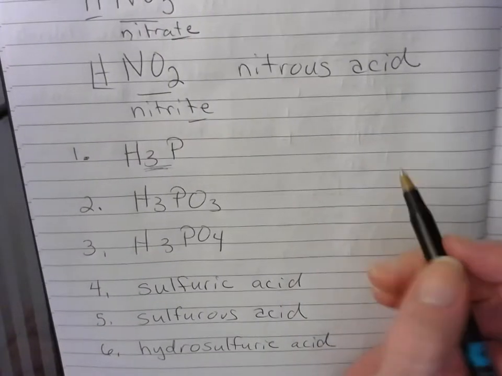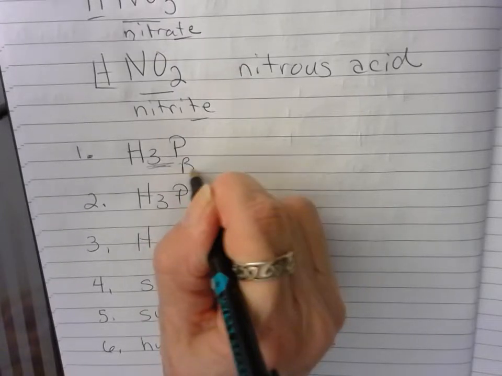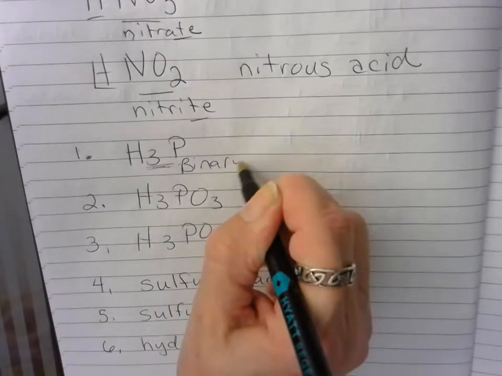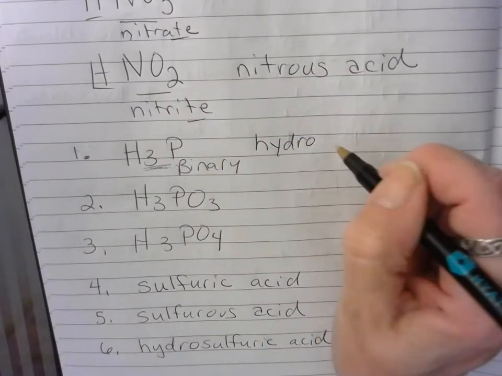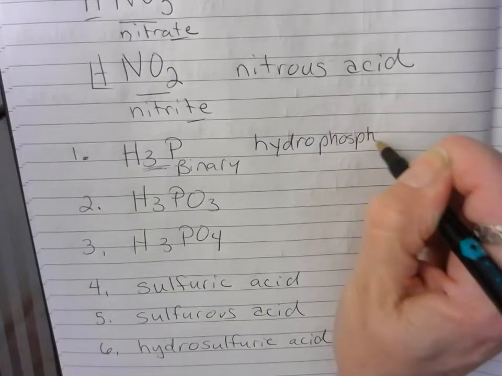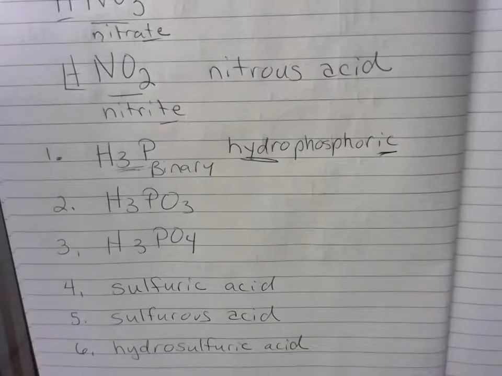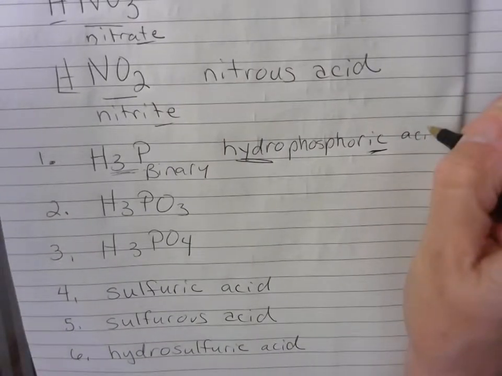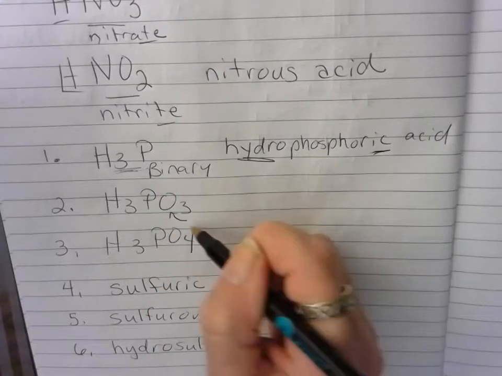Anyway, H3P, this is a binary acid, so we use hydro, phosphoric acid. Okay, this is a polyatomic anion, and this is the phosphite.